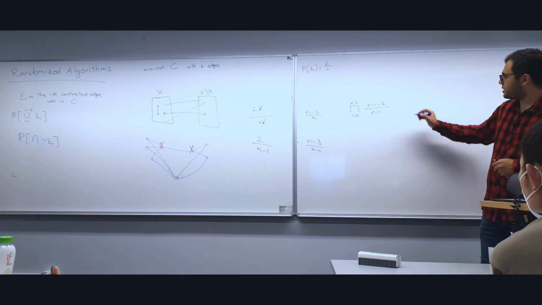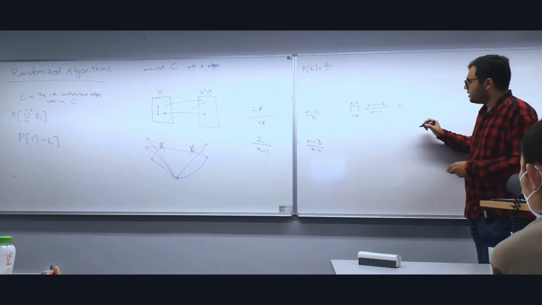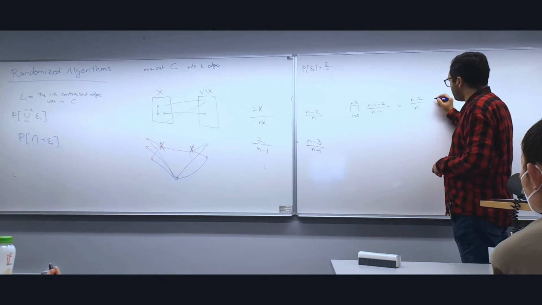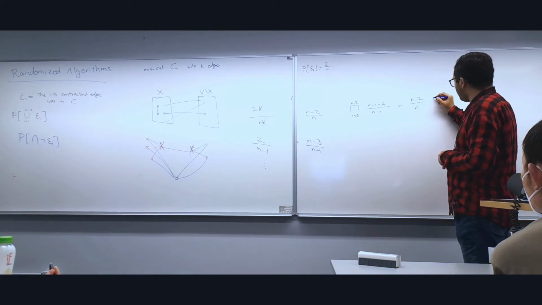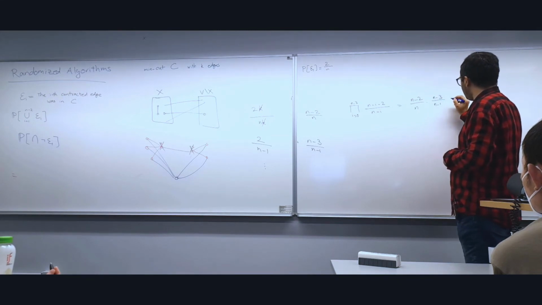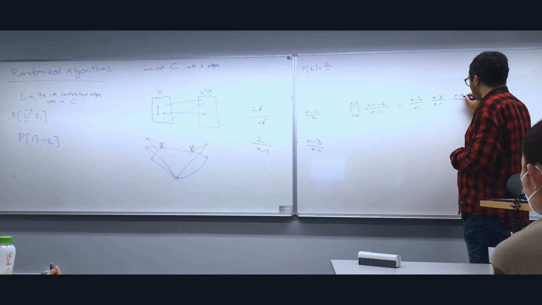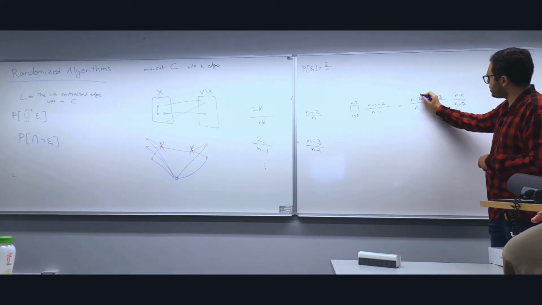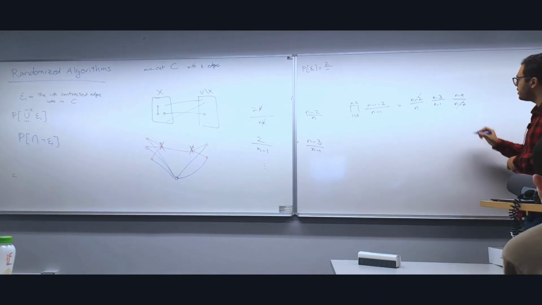Yes. So yeah, if I just expand this, what I have is n minus 2 divided by n times n minus 3 divided by n minus 1 times n minus 4 divided by n minus 2. And at this point, I can start canceling, right?